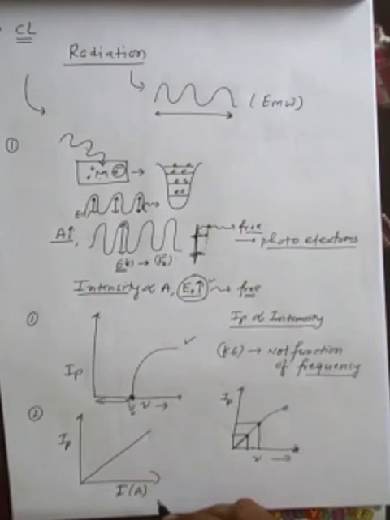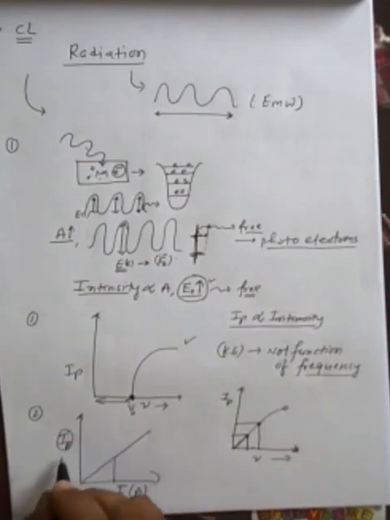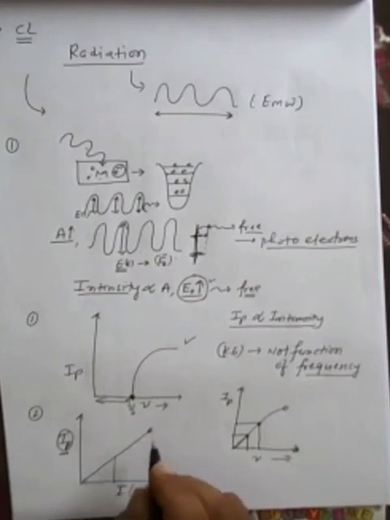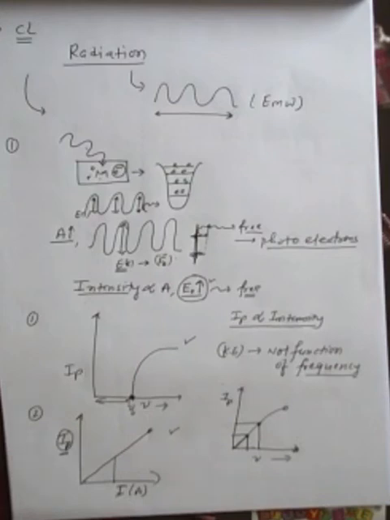So if you increase the field strength, then definitely the number of the photons emitted from the surface can be more, or the energy of these photoelectrons could be higher. Okay, so it means there is definitely the relation, because the ip is a function of the intensity. So this result can be explained by the classical physics. It means the classical physics explains the current variation with the intensity very well.